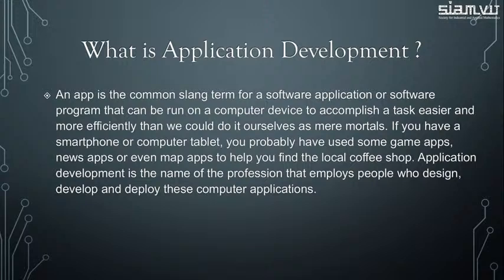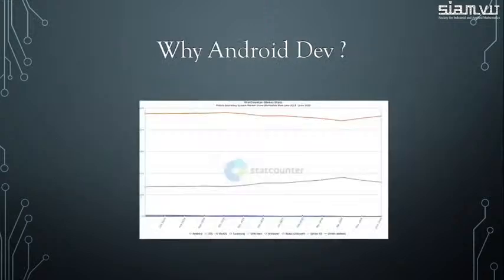Right now, you could ask me, why would we want to do Android application development out of all the other application developments? Well, I've got the answer for you in the other slides. If you just look at this particular graph, you can see that the amount of users for Android is incredibly huge compared to the amount of users, let's say, for the next most popular operating system, iOS, or any other operating system.